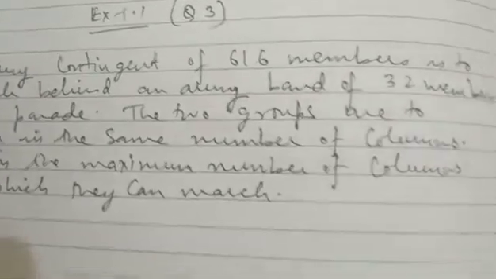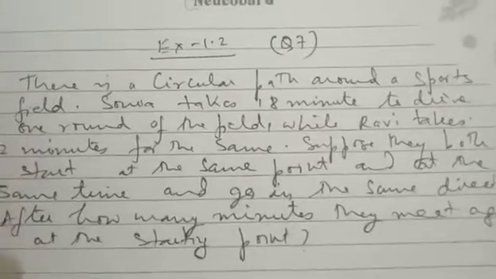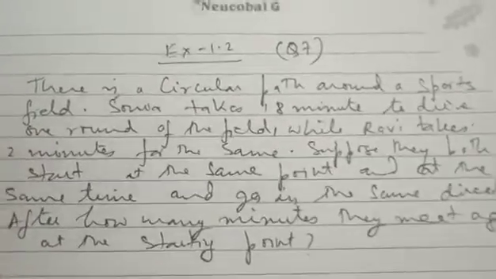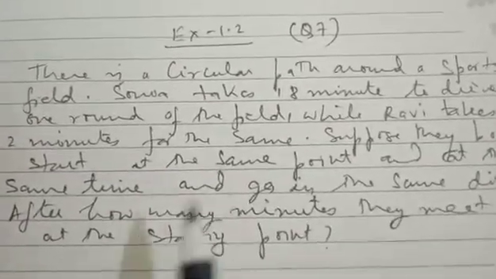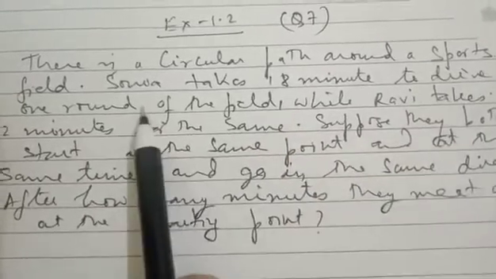Now I take up one more word problem of the NCERT book, and that is from exercise 1.2, question number 7. And the question is, there is a circular path around a sports field.